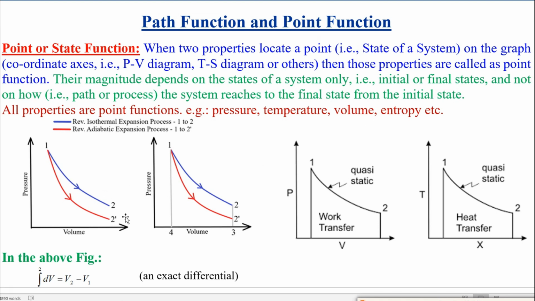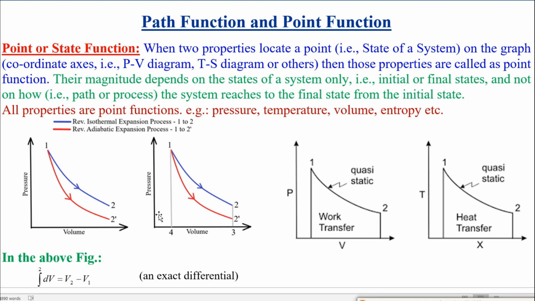Say for example, here if we draw the line from 2 to the x axis, that is the volume axis, say 2 and 2 dash, the volume V2 is equal to V2 dash. However, the pressure P2 and pressure P2 dash are different.